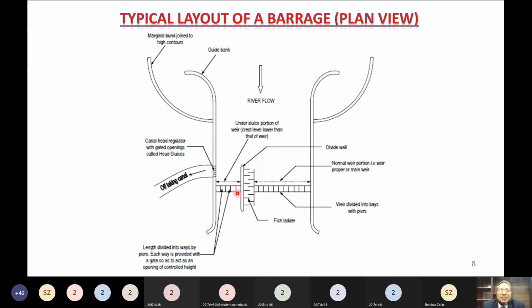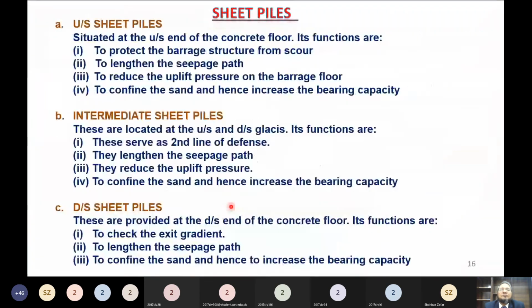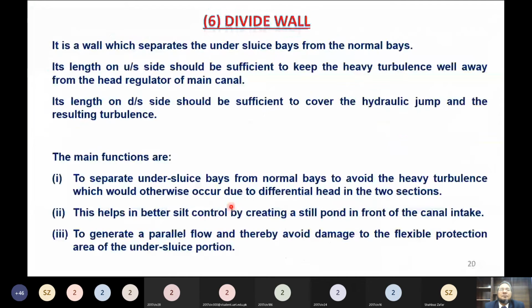On the downstream side, its length should be such that the turbulence produced by the hydraulic jump is reduced adequately. So these are the lengths on the upstream and downstream sides.